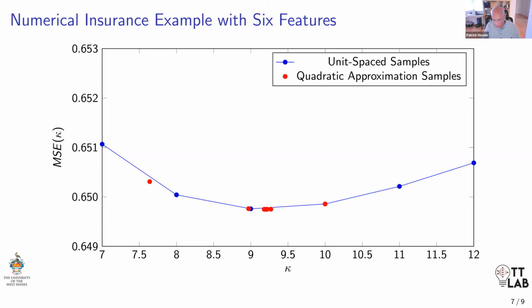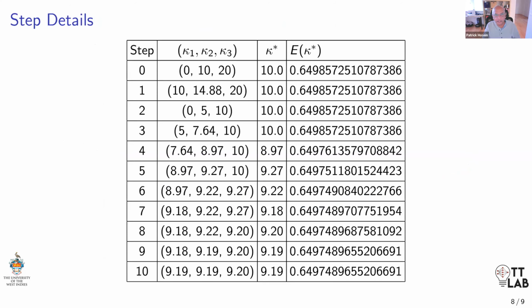So we hope this would speed things up in terms of optimizing over kappa. This is just how the kappa converges. You see it starts off high, it goes to 8.9, then it comes back up, and then it converges to the optimal value.